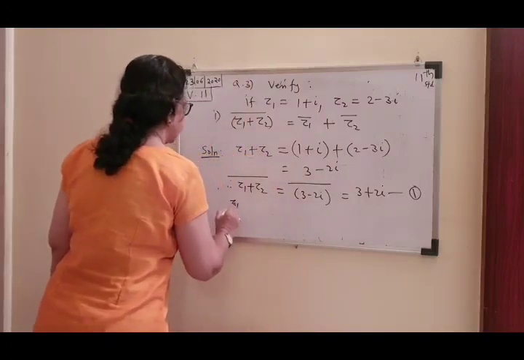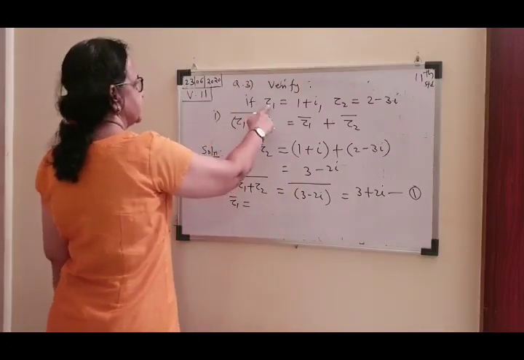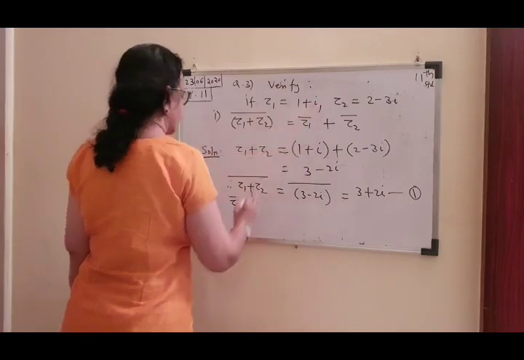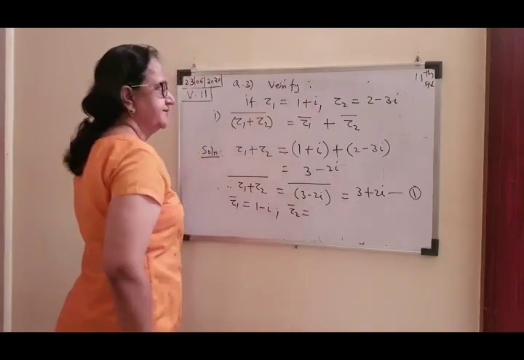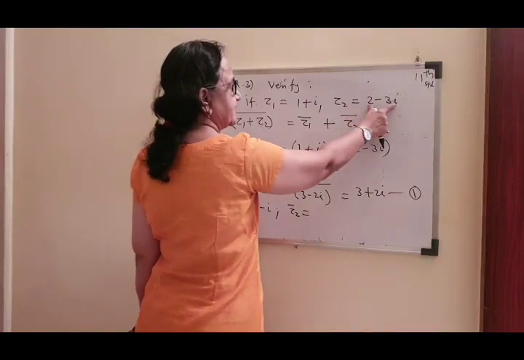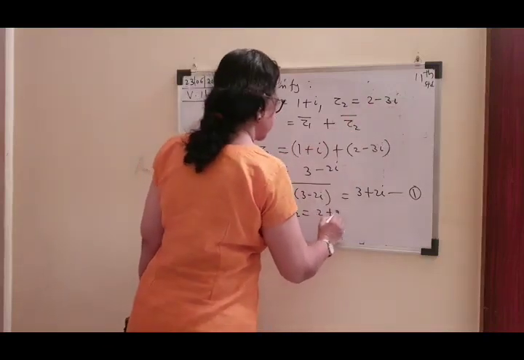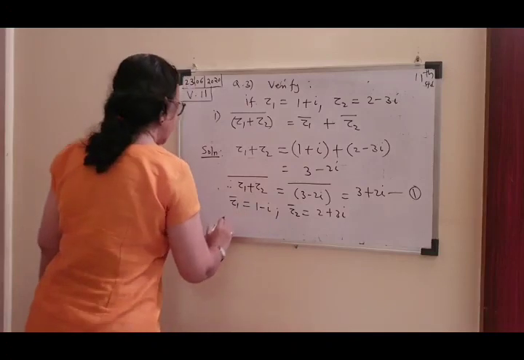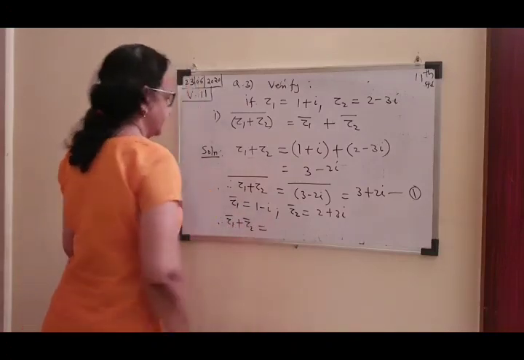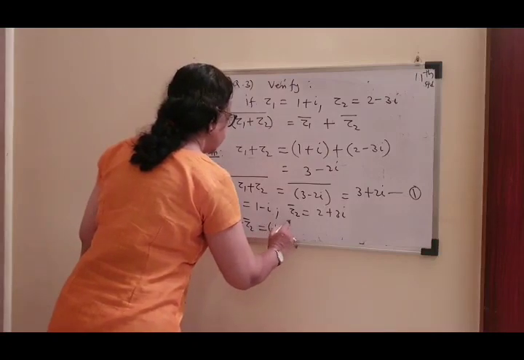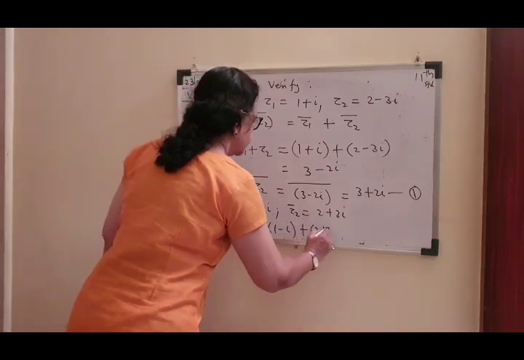Then let us calculate Z1 bar. Z1 is 1 plus i. So what is the conjugate? 1 minus i. Let me find Z2 bar. Z2 was 2 minus 3i. Conjugate is 2 plus 3i. And now add the two, Z1 bar plus Z2 bar. It is 1 minus i plus 2 plus 3i.